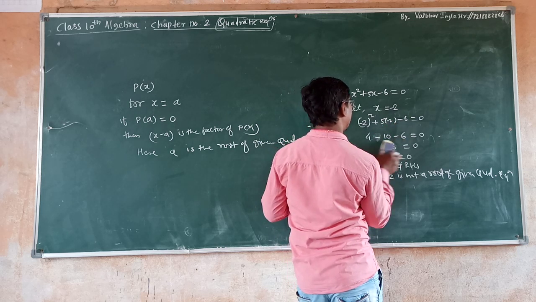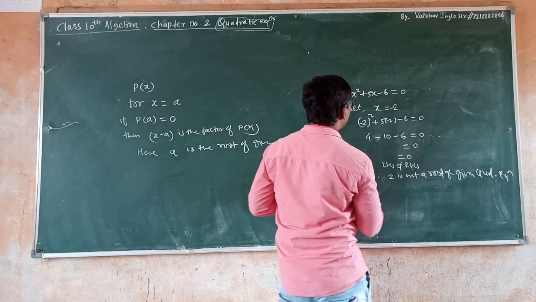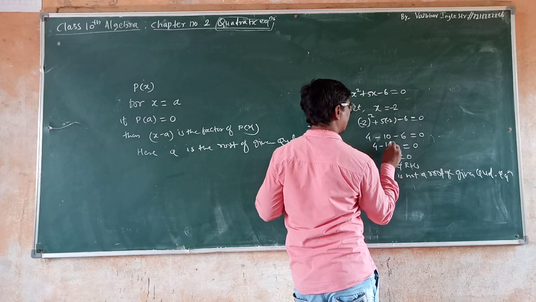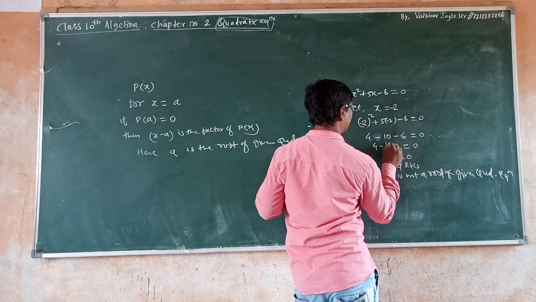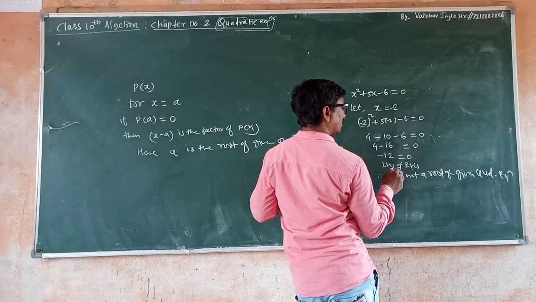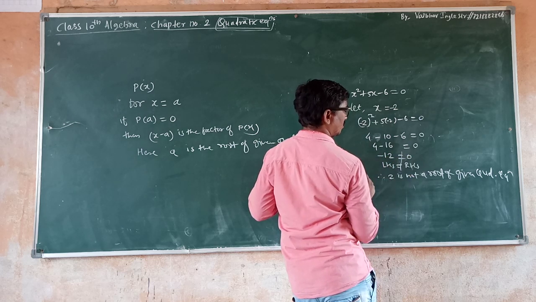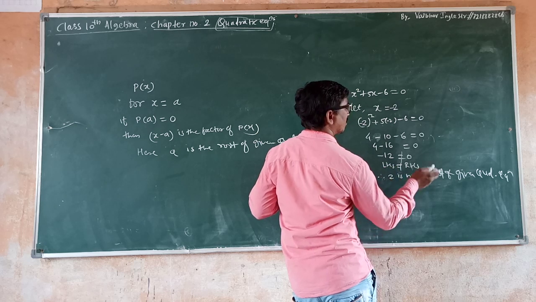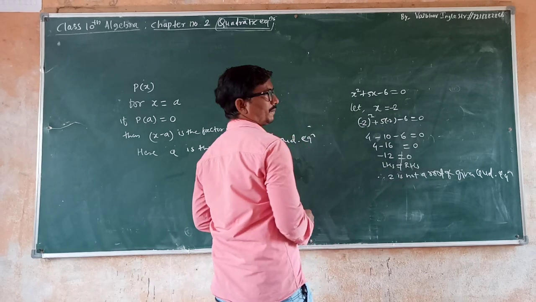So this is not equal to 0, so LHS is not equal to RHS, so minus 2 is not a root of the given quadratic equation.